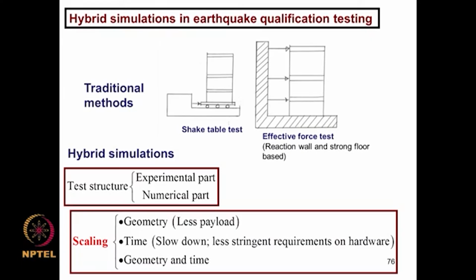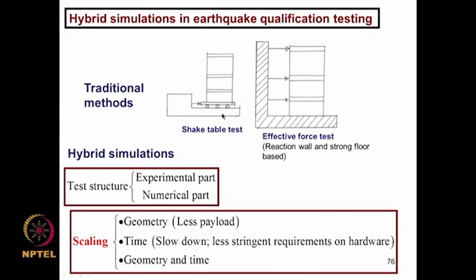Traditionally in earthquake engineering we have either a shake table on which we mount the structure to be tested, or we have a reaction wall based system where there are servo hydraulic actuators which apply dynamic loads on models like this. In shake table testing, the earthquake load time history is applied in real time. The duration of the applied acceleration is equal to the length of the observed earthquake signal.